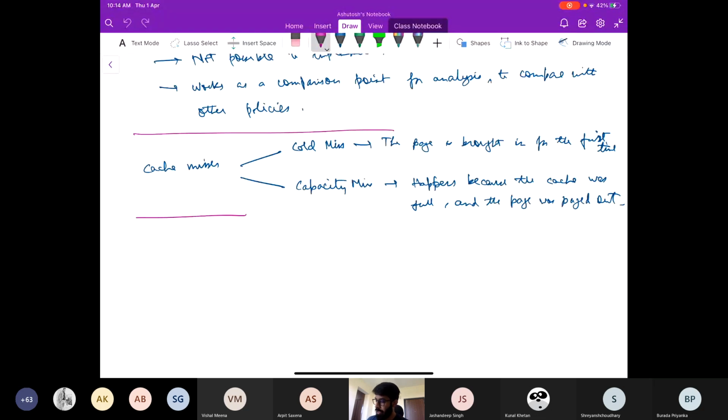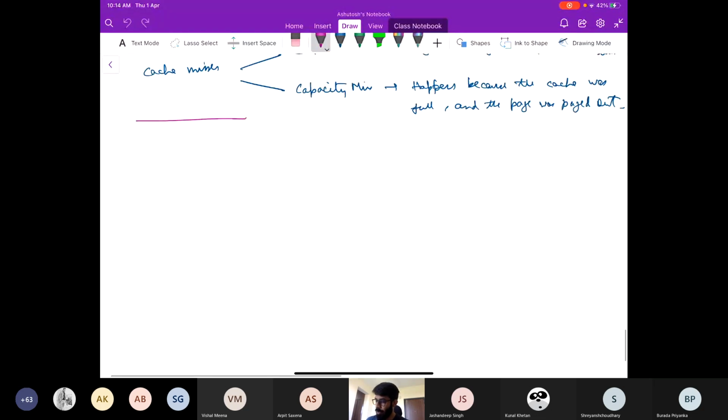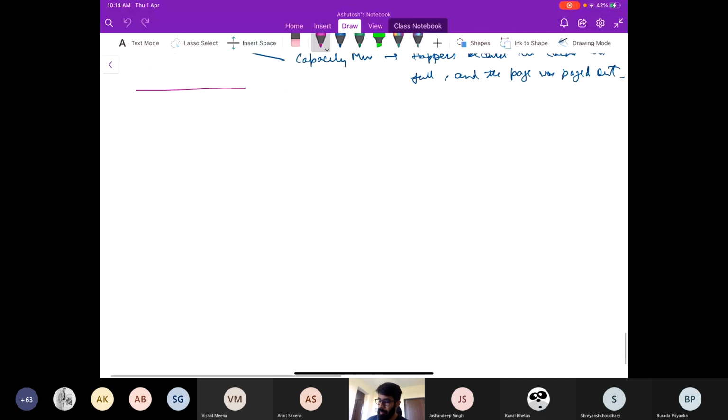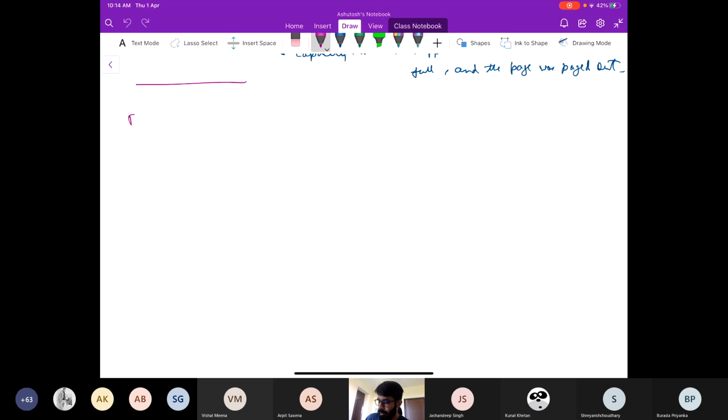Now, of course, as I said, this is not implementable. So what is the easiest implementable policy? Any guesses? It's called first in, first out, or FIFO.